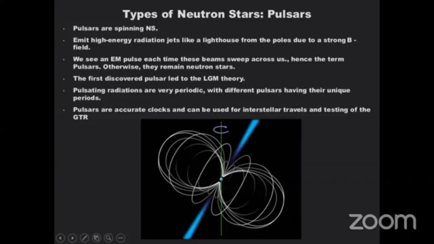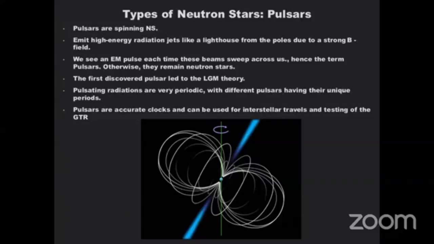You can imagine something sweeping across Earth in a very periodic manner, so it makes sense to believe that maybe aliens are trying to communicate with us. But over the years, we discovered more and more new pulsars, so that claim of little green men was dismissed. We knew that these are actual stars and not aliens trying to communicate with us.